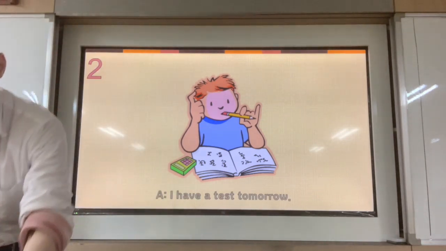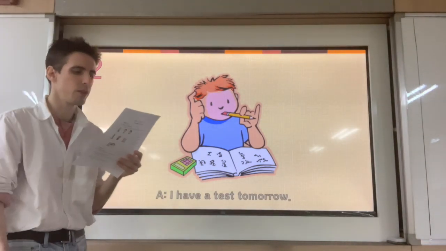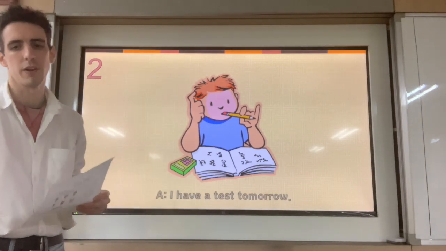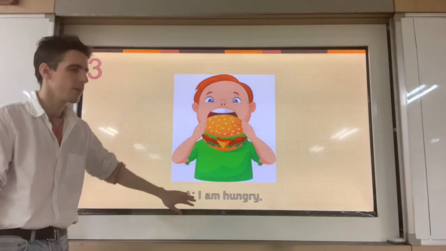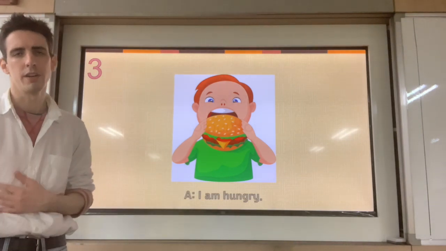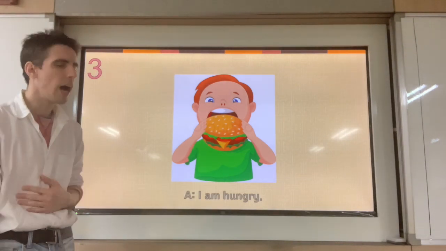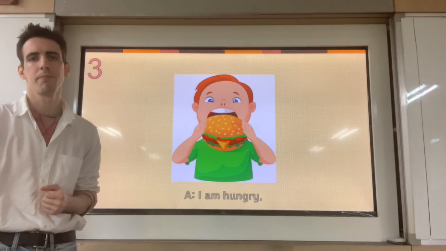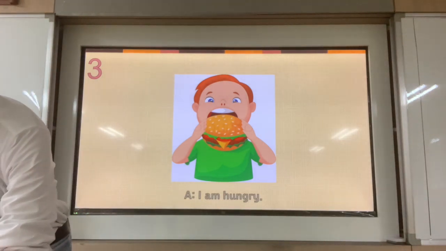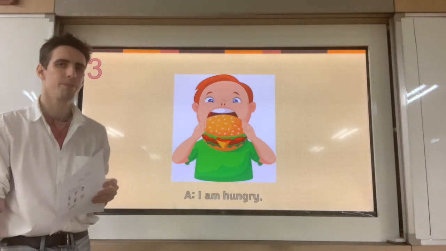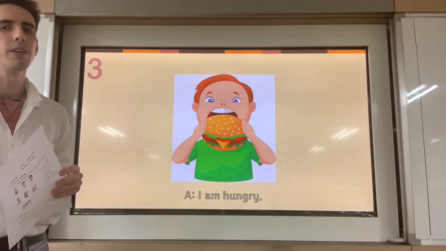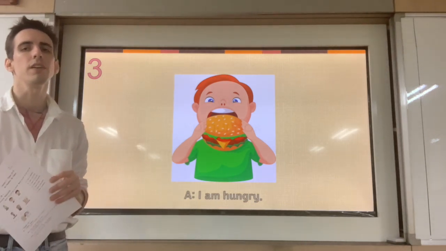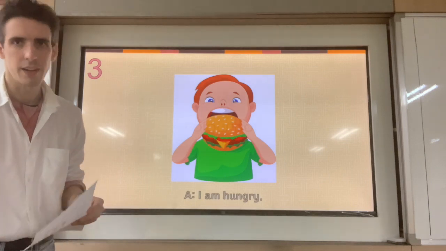You should, what does it say? You should study for it. Okay, let's do one more. I am hungry. You should, verb, eat. You should eat now. You should eat something.